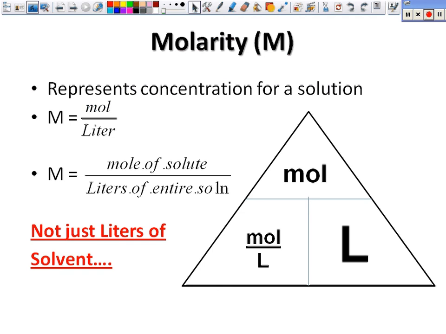Here's the best way I can explain this. If you go to McDonald's and you order some sweet tea, how would you explain its concentration? How sweet it is. How do you physically determine how sweet it is? How much sugar is dissolved in what? Into the water, or the tea, if you will. So it's how much sugar is put and stirred in.